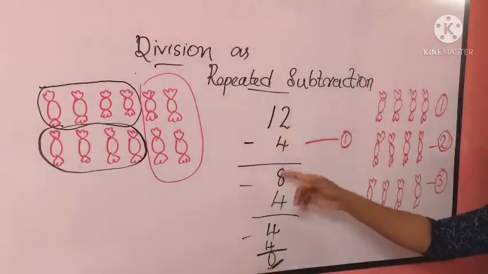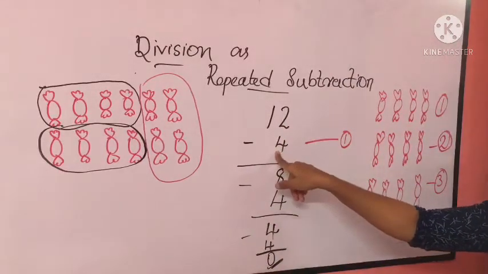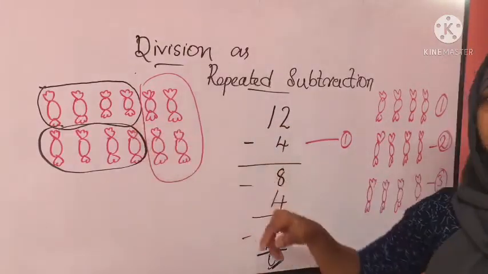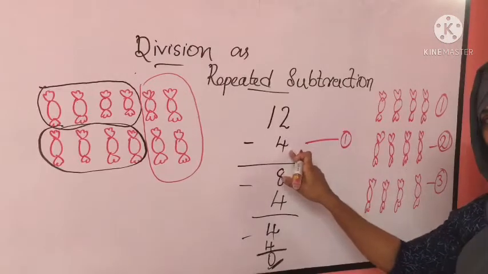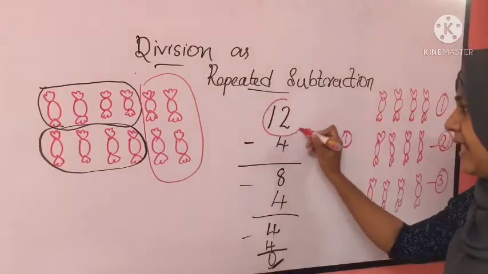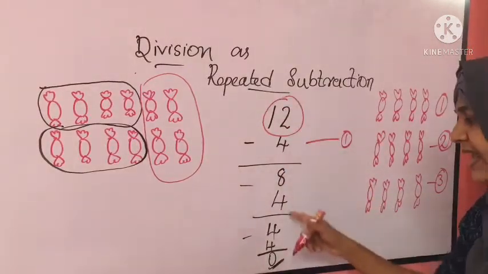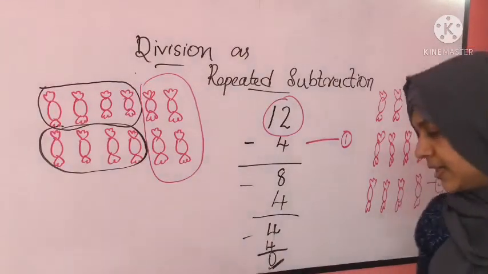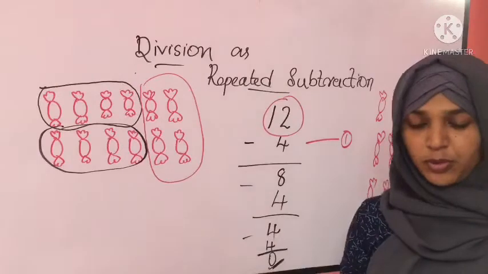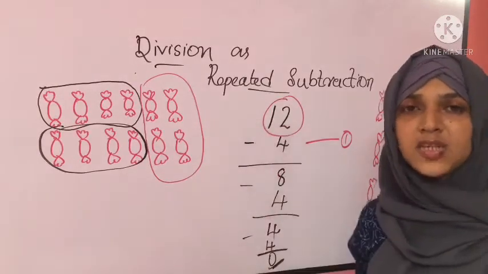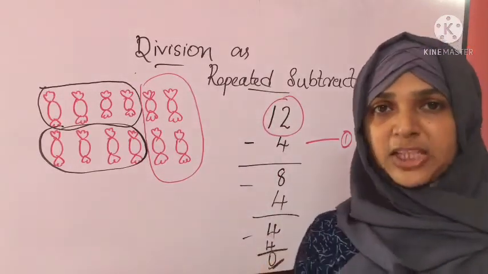We subtracted 4 from the available number, that is 12, again and again until it turns to 0, until it is completely distributed.